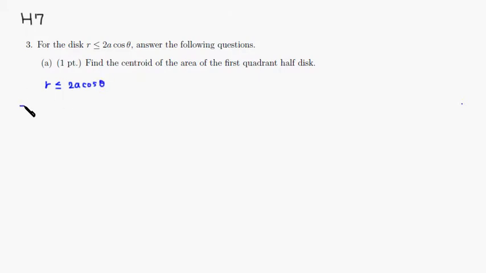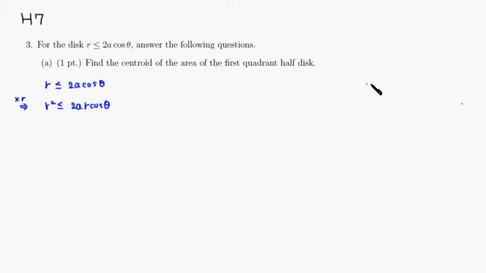What we can do is multiply through by r. So we have r squared is less than or equal to 2a r cosine theta.